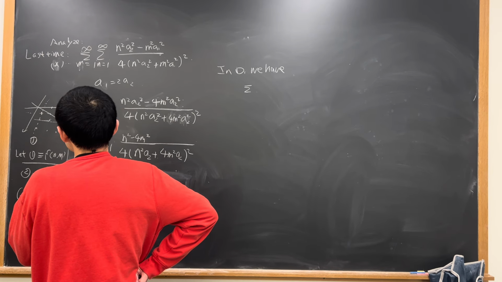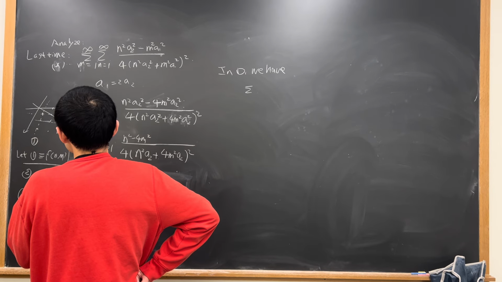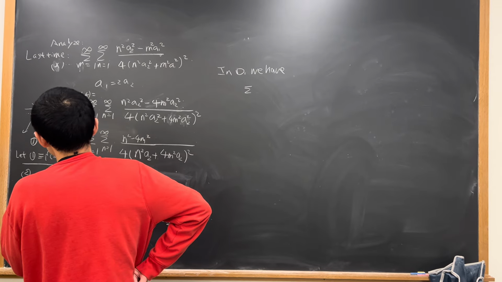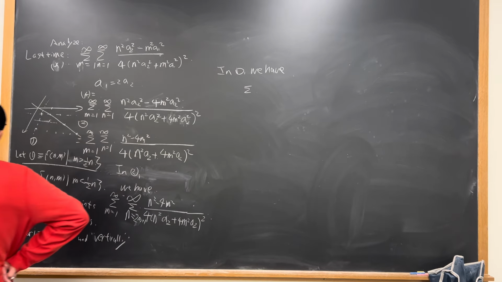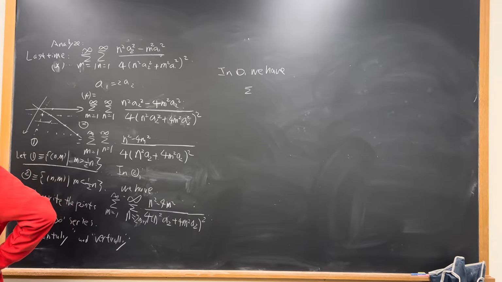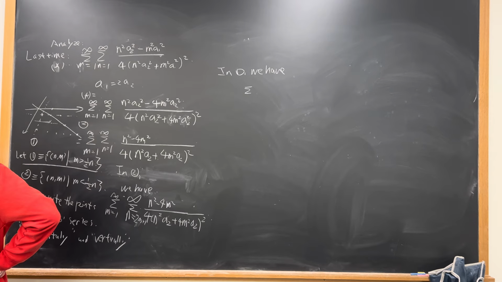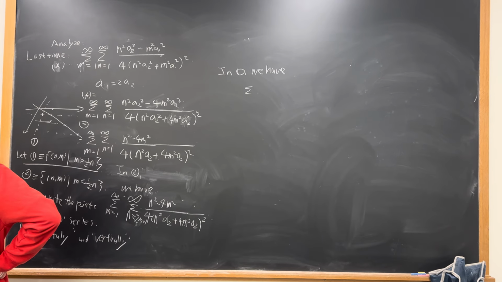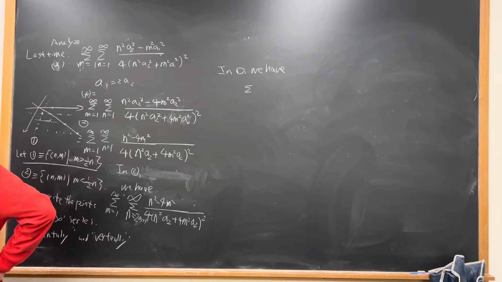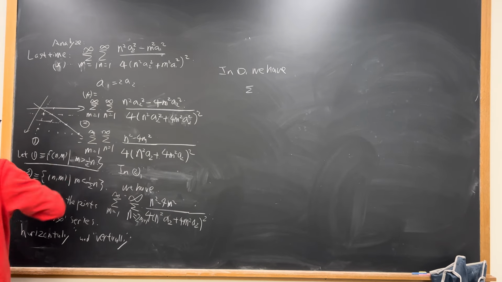And for n equal to 2, it starts at 3. For n equal to 3, where does it start? It should also start at 3.